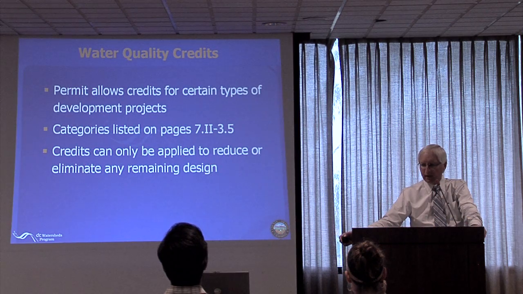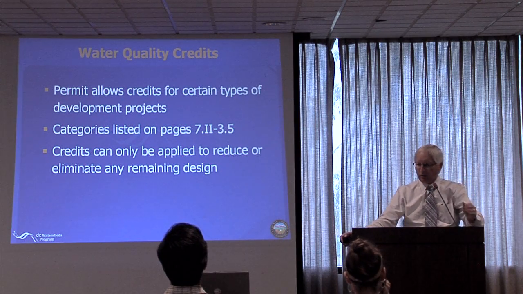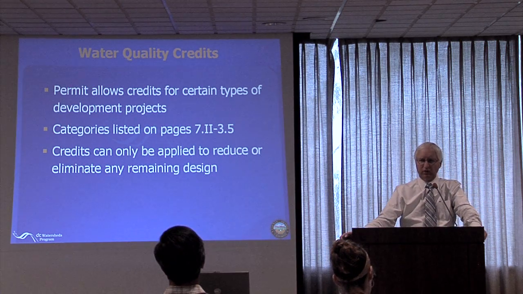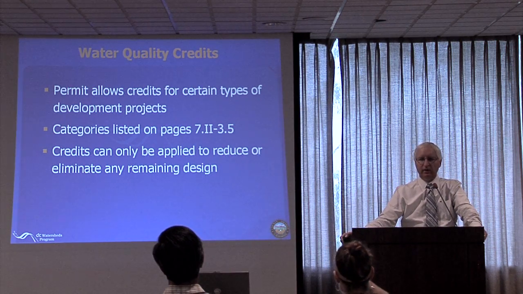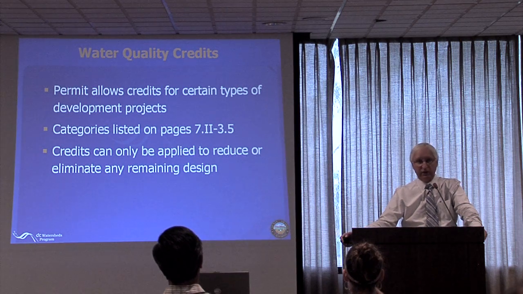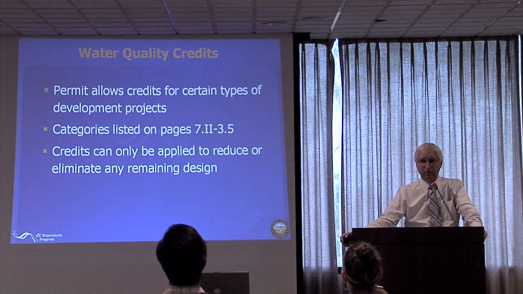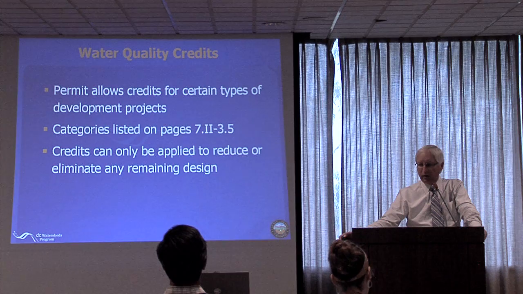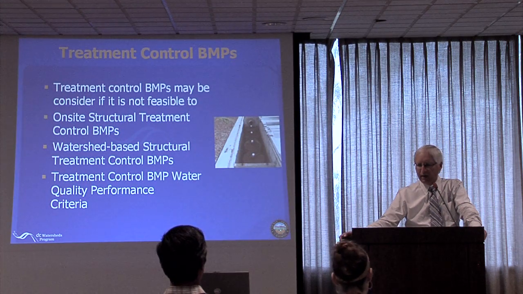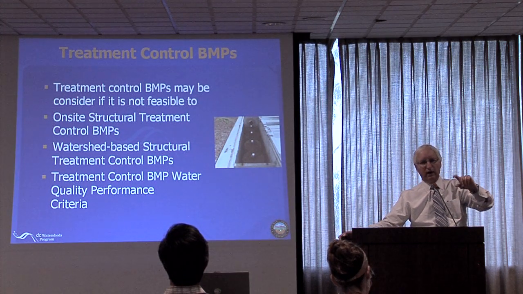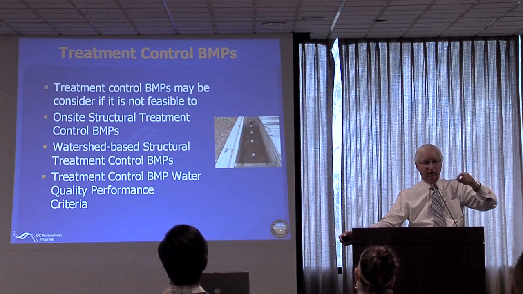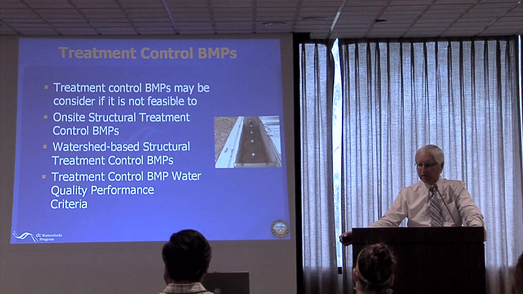Okay. Credits. Real quick, there's a whole series of credits for special projects that are intended to provide other environmental benefits and other kinds of things to the community that would have a difficult time otherwise. Most of them are redevelopment, very narrowly focused redevelopment, and they can be used to reduce the remaining design volume and maybe allow a project that can't meet the LID requirements on site to not have to go to treatment control or other alternative projects.